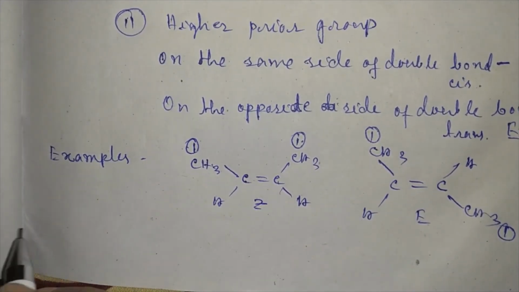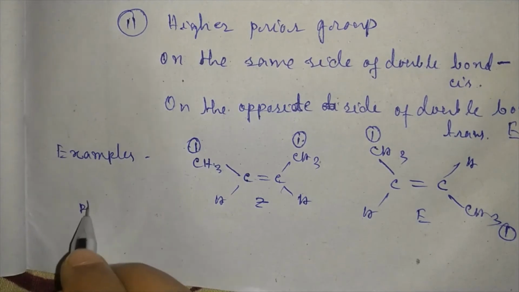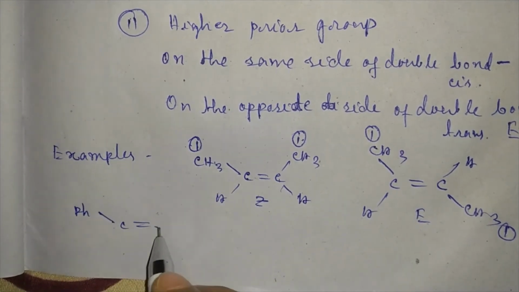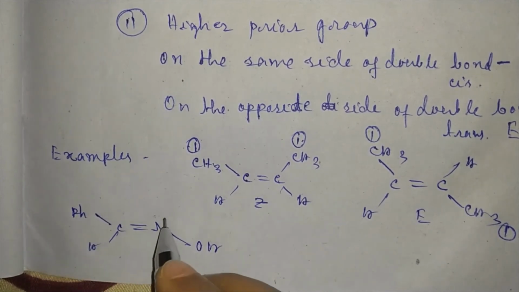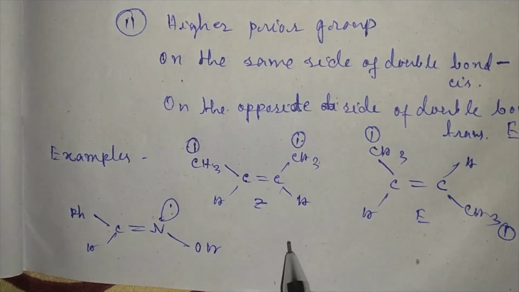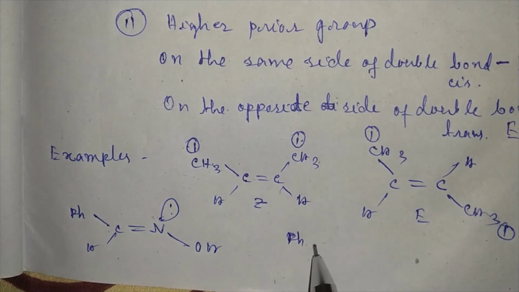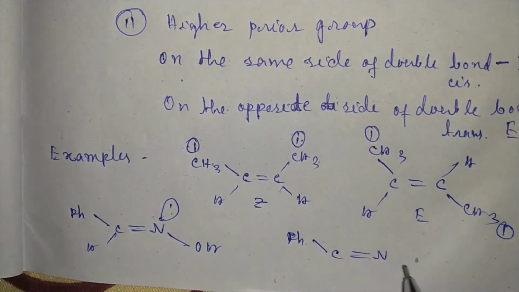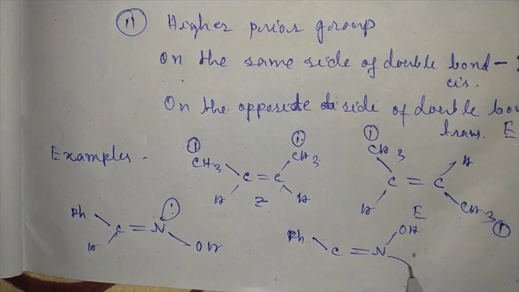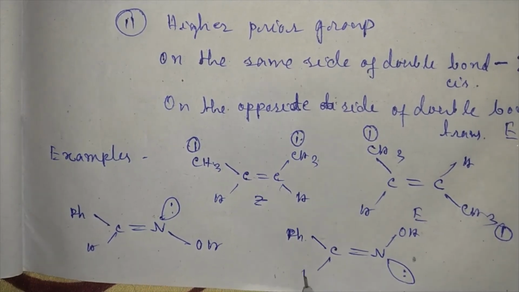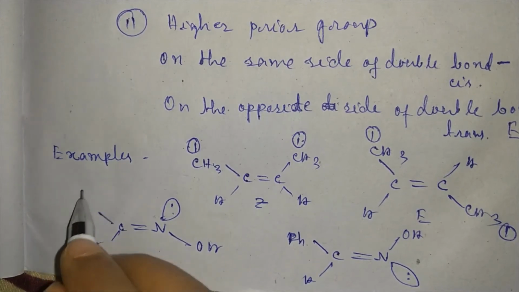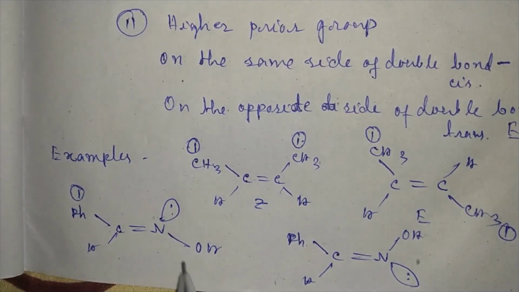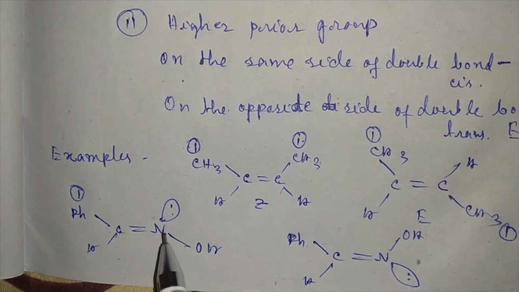We may take another example. Here, between these two groups, this will have higher priority than this, and between these two, we know that the lone pair is the lowest priority group.